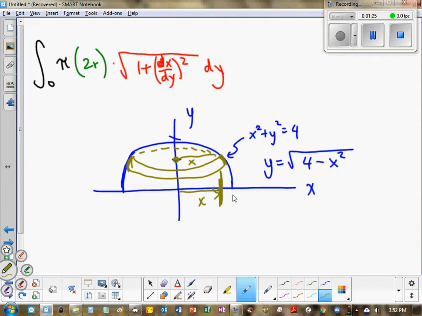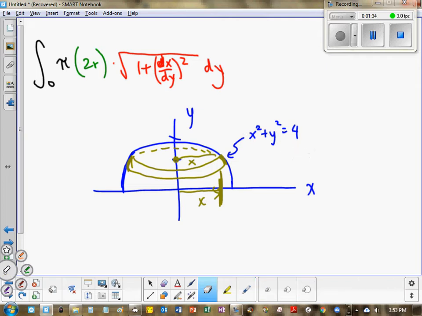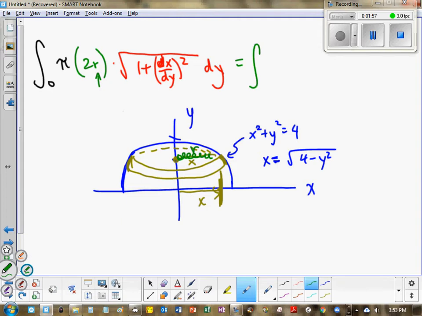It's just x, an arbitrary horizontal travel. Or you could isolate x in this equation and get x is square root of 4 minus y squared. It's up to you how you want to write it. But I think we probably don't want to put an x for the radius, though it is true that this is the radius. So we need to get this down to one variable.